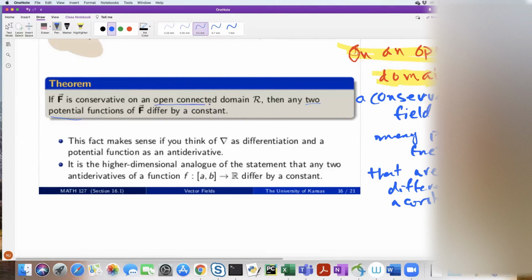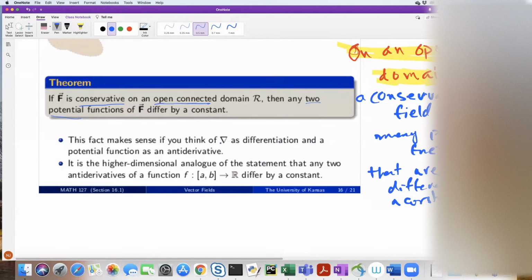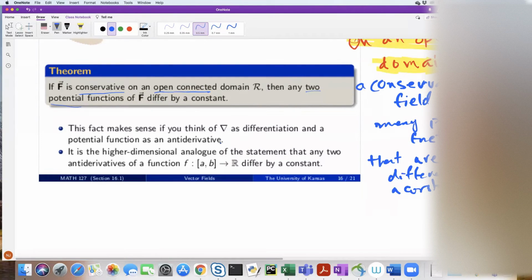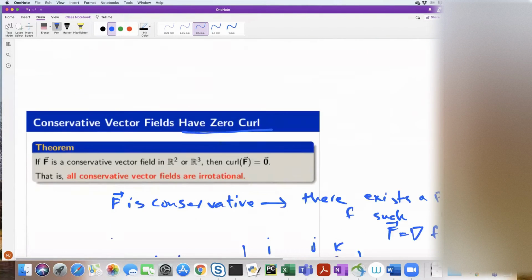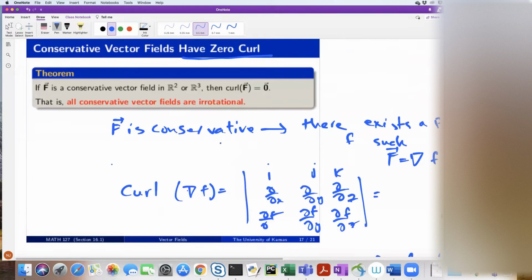So open connected domains and conservative gives you sort of an antiderivative feeling for Calc 3. And then what else did we say? We said, let's say F is a conservative vector field.